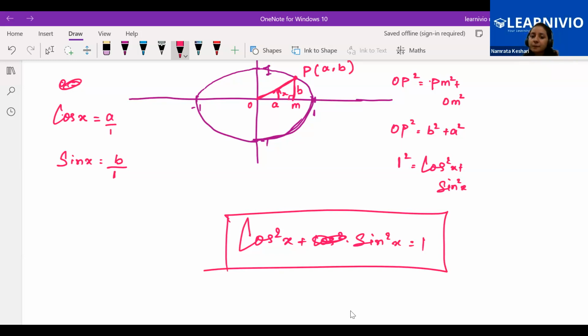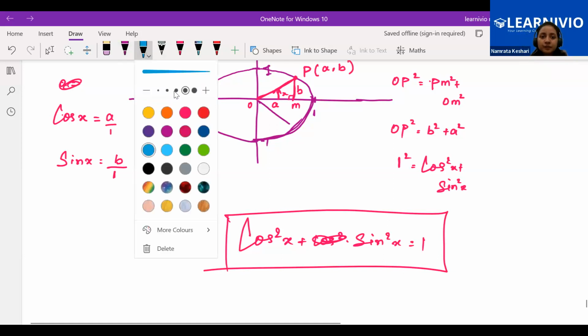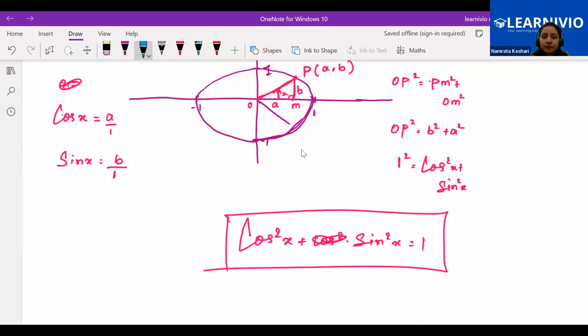Right, Ali and Alina? Now suppose the same angle x we will be taking over here, and this time we will take the angle in the clockwise direction.